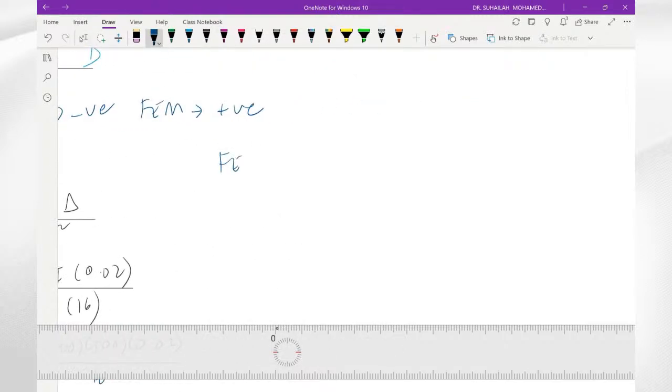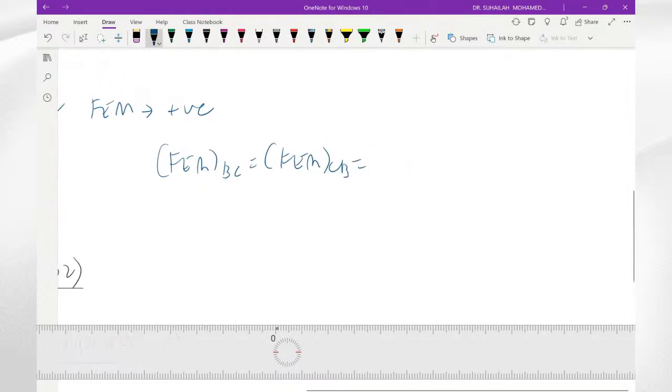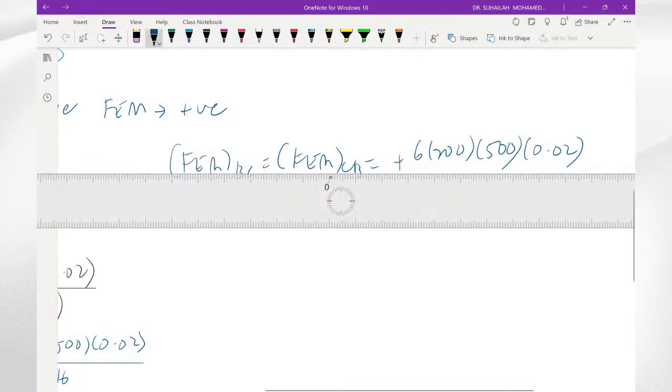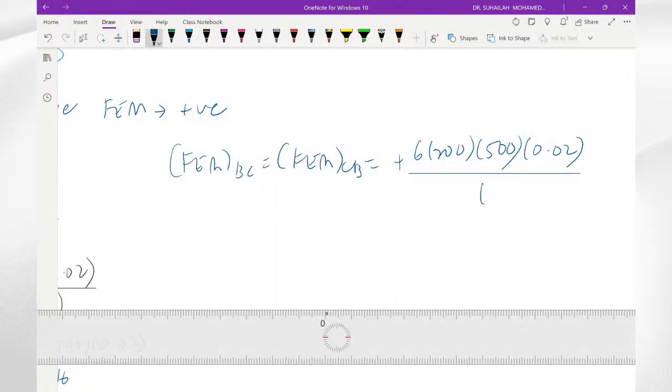So for FEM BC, it is equal to FEM CB. It should be positive. So it is positive 6, E is 200, I is 500, delta is 0.02 divided by length squared, length is 5, so 25.